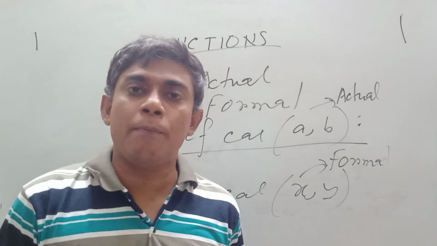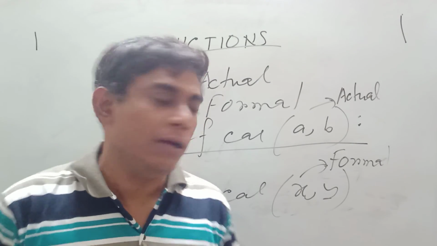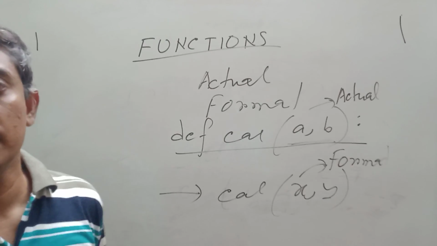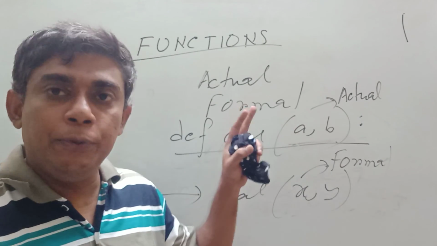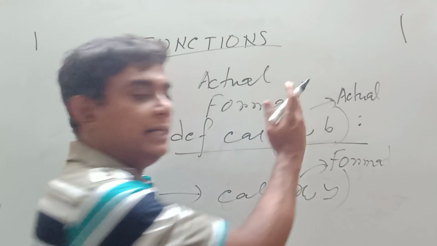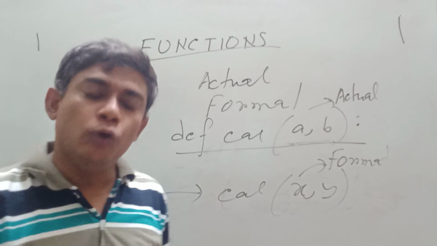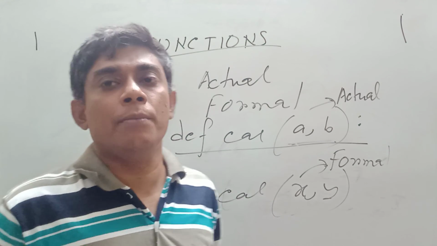Okay, at the time of calling, whatever you pass is known as formal parameter, and this is known as actual parameter. This is the function header. At the function header, if you pass any parameter, they are known as actual parameter. And at the time of calling, if you pass any value or any parameter, these are known as formal parameter.